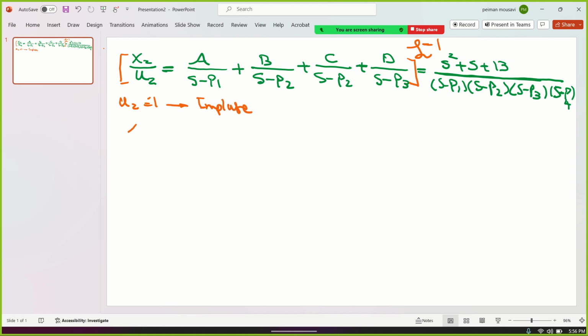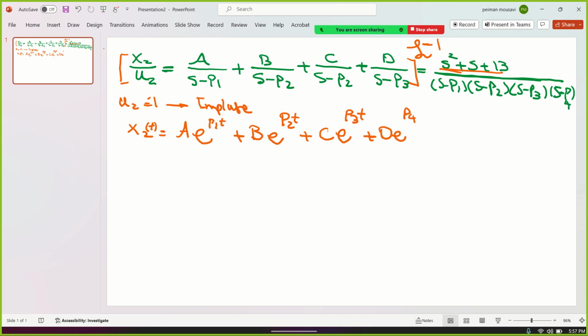So you say that the x2 of t is always like this: A e^(P1 t) plus B. I don't care what A, B, C, D are based on this term. I'm just drawing your attention to this point. Plus C e^(P3 t) plus D e^(P4 t).